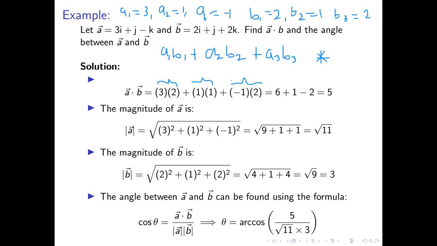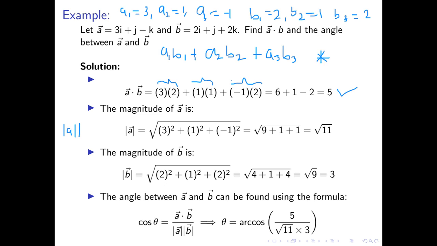The next question is then we want to obtain the magnitude now. Remember, for you to be able to find the angle between the two vectors, the formula is magnitude of A times magnitude of B cos theta, right?